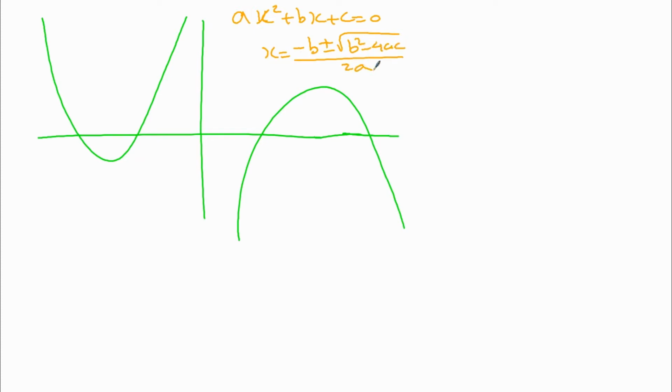When we have quadratic equations, they could be in either of these formats. A quadratic equation is ax squared plus bx plus c equals 0. And we know from the formula that x is minus b plus or minus the square root of b squared minus 4ac, divided by 2a.